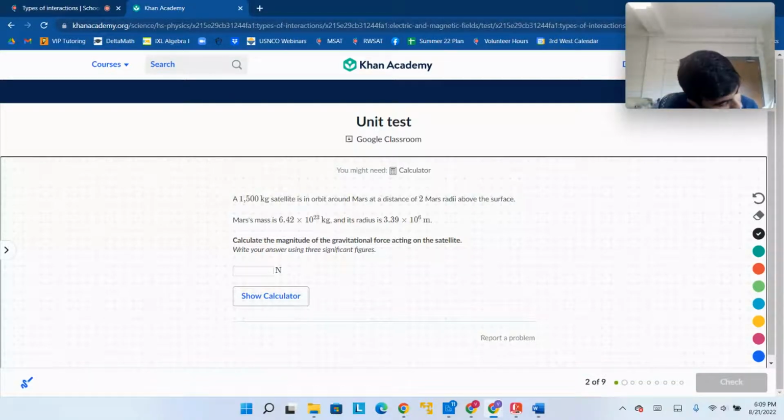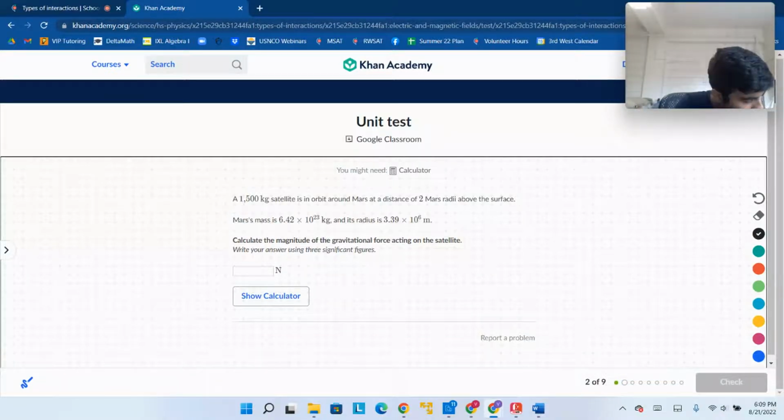Then you have to multiply by the big mass of Mars, 6.42 times 10 to the 23rd, and then by the smaller mass of the satellite, 1,500 kilograms, over r squared. Well, the radius here is going to be 3.39 times 10 to the 6th times 2 Mars radii.